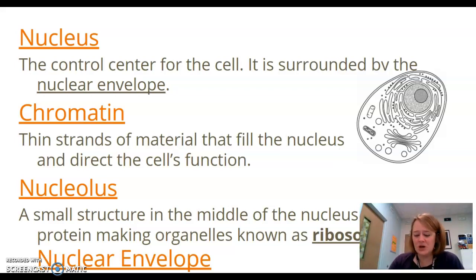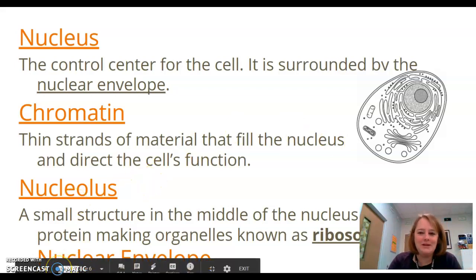The ribosomes are basically the building blocks of proteins that help to build your muscles and your brain and build things. So the nucleolus builds the ribosomes according to the blueprints, which are made in the chromatin. Correct. Nice job. And we already talked about the nuclear envelope.